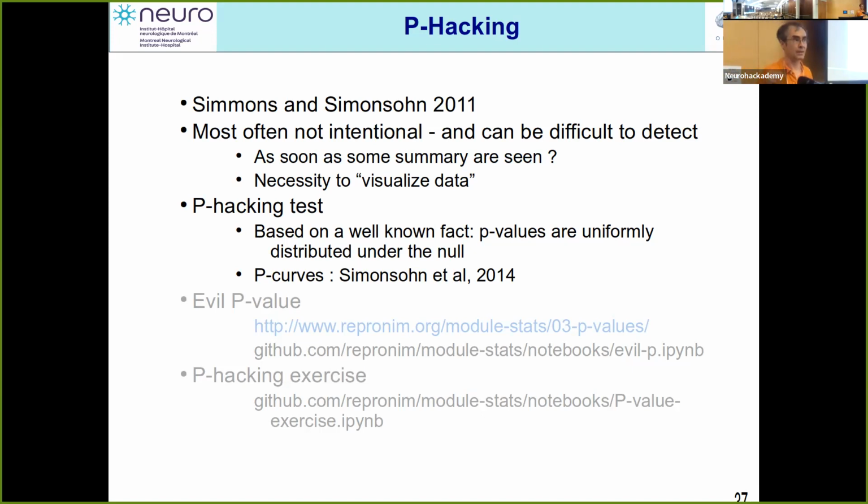And some of us actually went through and said, okay, using the fact that the p-value on the null is uniformly distributed, we can actually test in the literature, if you look at all the p-values, whether they come from a null or they are actually closer to the 5% value. And they found out that in some areas of science, there's a statistical test that tells you, if you find this distribution of p-values, you have a good chance that the community in that scientific field is actually doing some p-hacking.